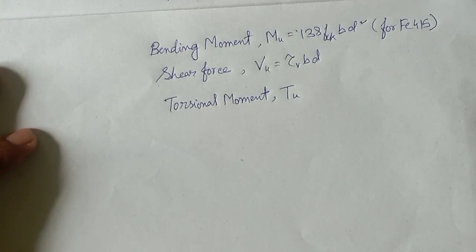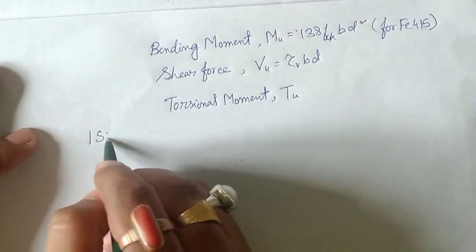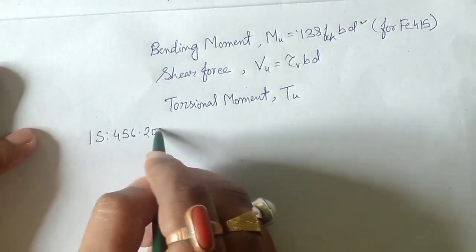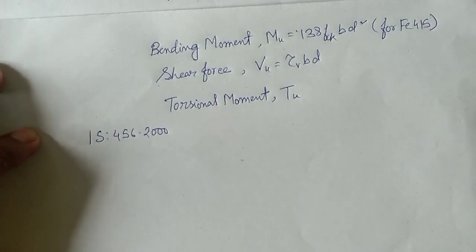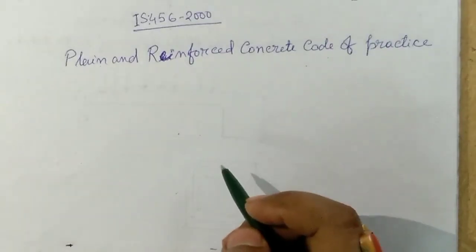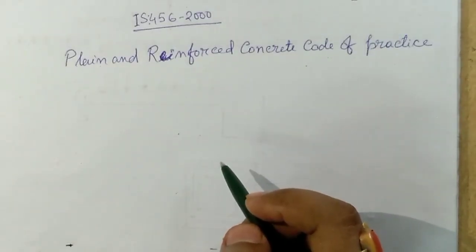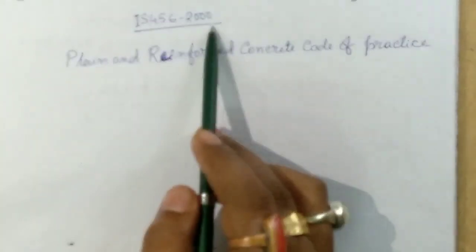We have to follow some other way to use this parameter. The torsional moment is based on the calculation of an equivalent shear force and an equivalent bending moment. Its effect is added to the actual bending moment and shear force to get the equivalent shear force and equivalent bending moment. To design a beam for torsion, in India we use IS 456.